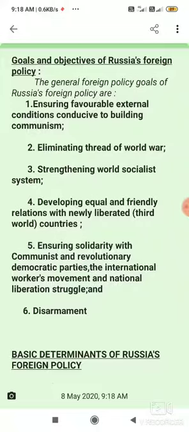Ensuring solidarity with communist and revolutionary democratic parties, the international workers movement and national liberation struggles, etc., was also one of the important goals of Russian foreign policy. And obviously disarmament, because Russia and USA both had attained nuclear weapons by 1950. So there was a threat of mutual destruction if nuclear war ever broke out between them.